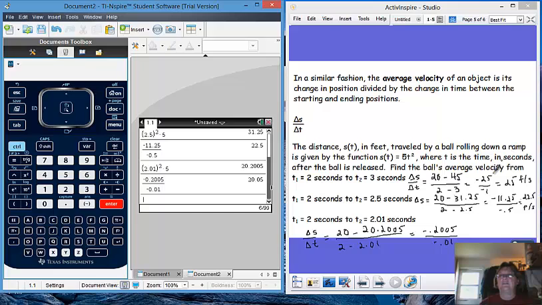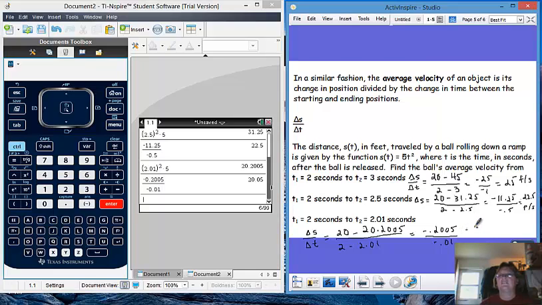And let's see, 20.05 feet per second on the average between seconds 2 and 2.01. So that ball is barely picking up speed there, and you can see the longer the time, the faster that ball is moving, which is exactly what physics would tell us should happen.